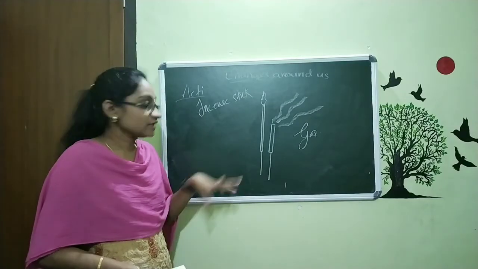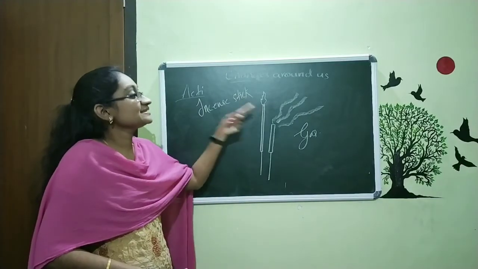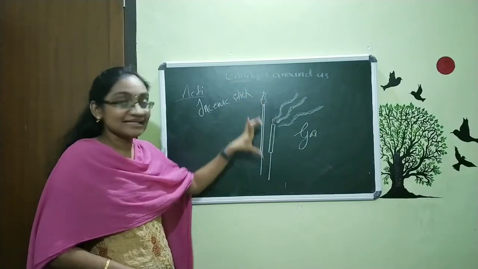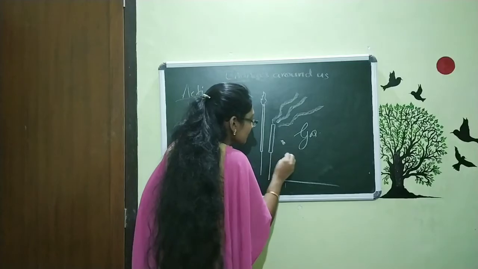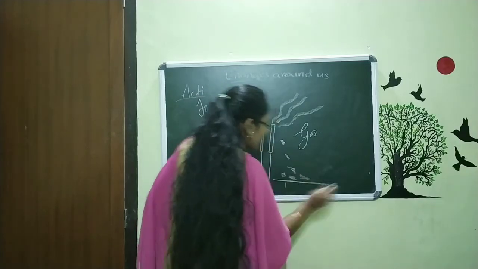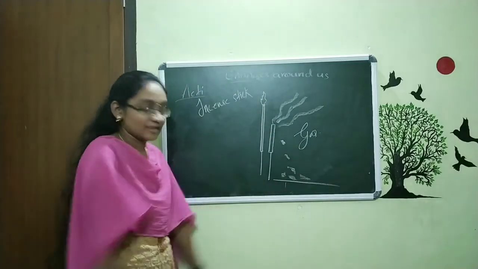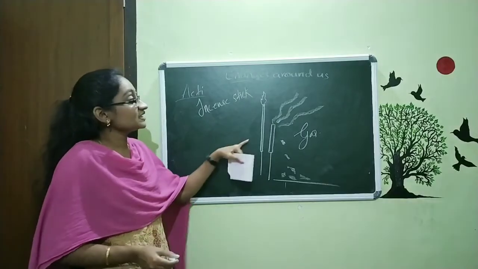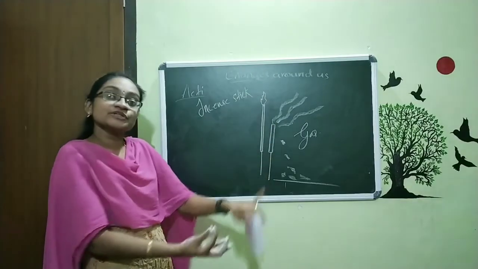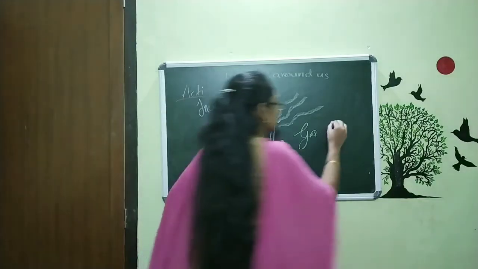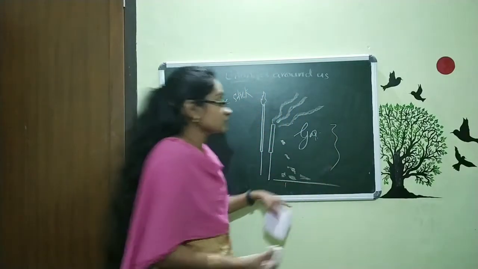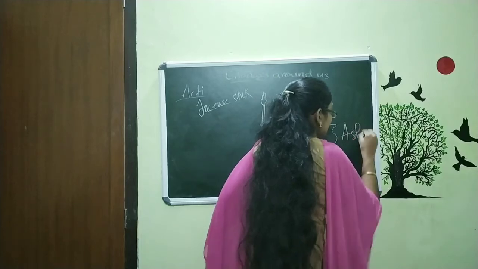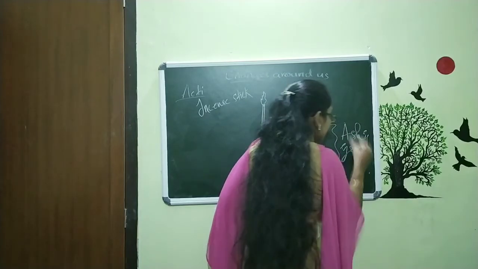So one thing, when this incense stick burns, its size changes, and also you can see at the bottom some sort of ashes falling down. The thing is this, our incense stick is converted to a new product here. The products are this pleasant smell gas, and also this ash.